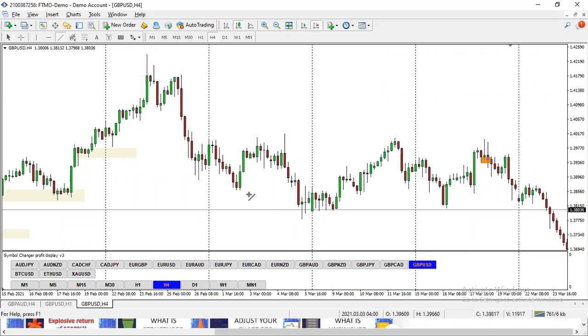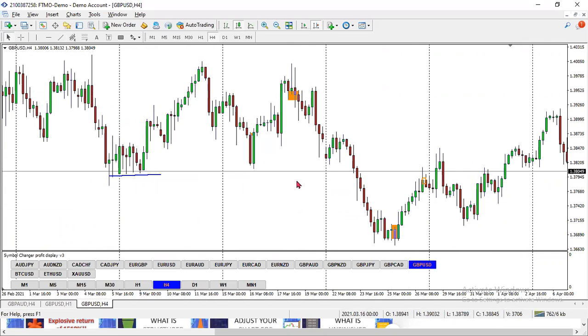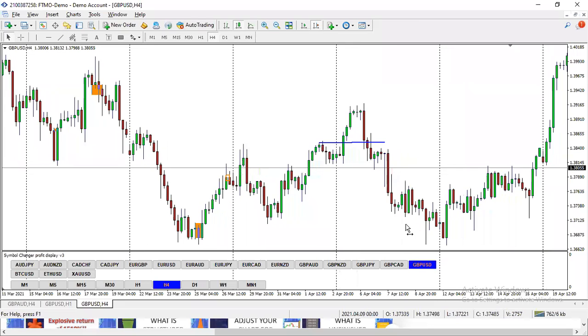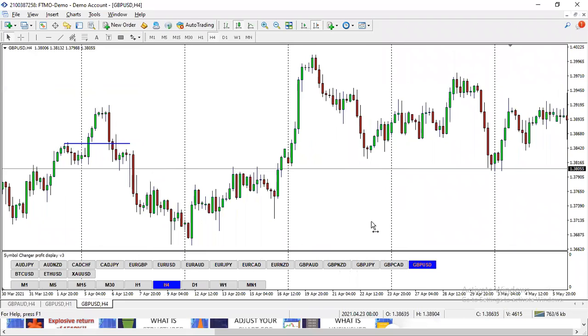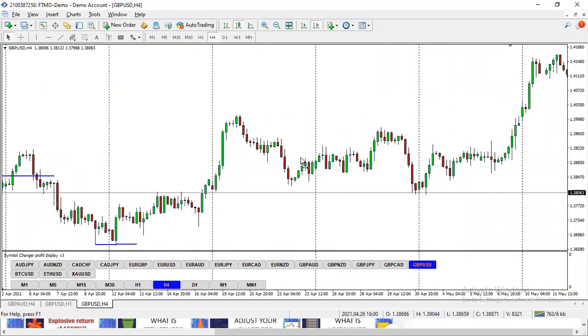So notice how it took out the low. Practically didn't really take it out, then moved to the upside, right? Notice how it took out the high this week and then came to the downside. Notice how it contested the low and then you had that massive push to the upside.